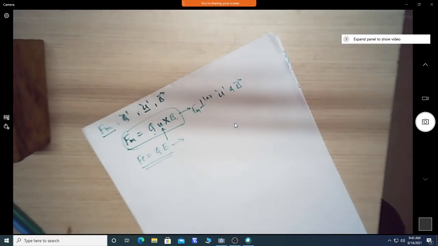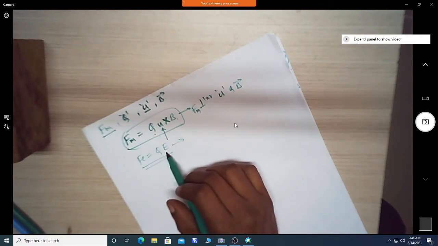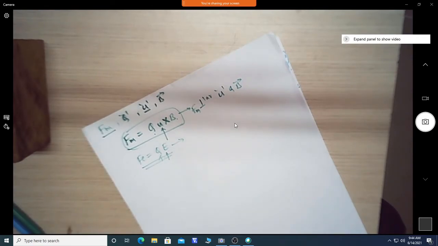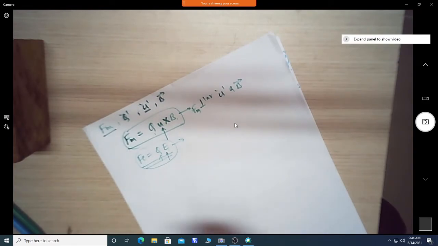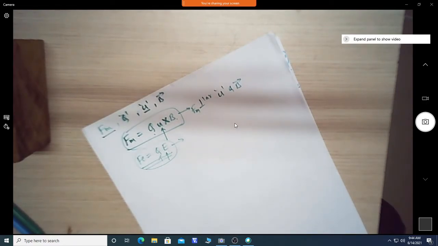It is directly proportional only to the charge and the electric field intensity. So no work is performed by this force on the charge; there is no energy movement, and no kinetic energy is gained by the charge.